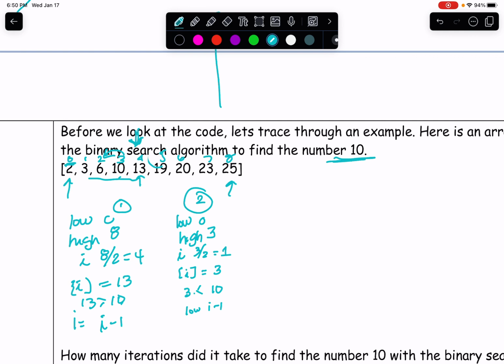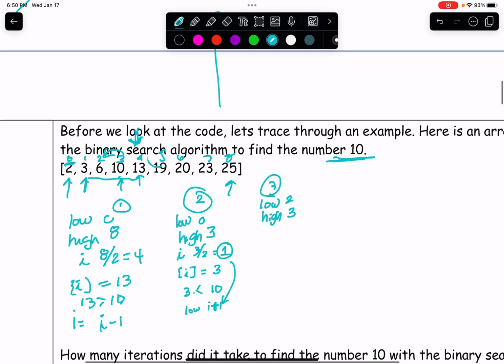I had an I of 1, right? And this is the low now, so it's I +1. Okay, so my low is now this guy. Now I'm looking from here to here. So the third time around, my low is 2. I was 1, so my low is 2, and my high is still 3.